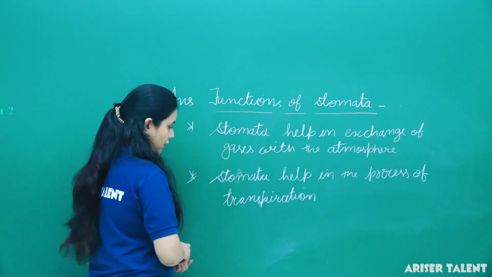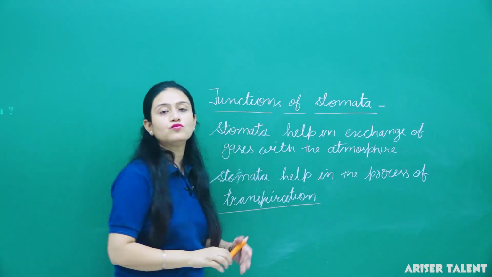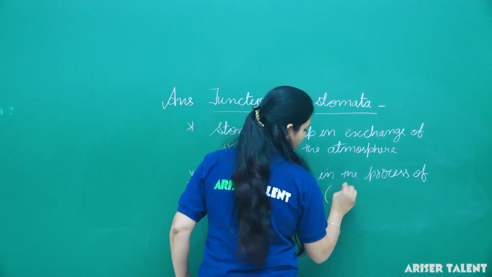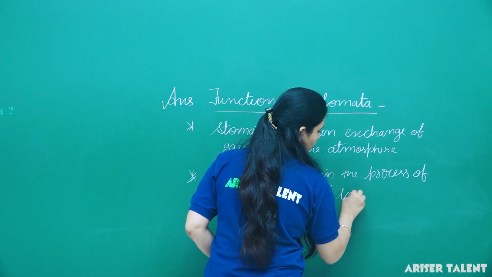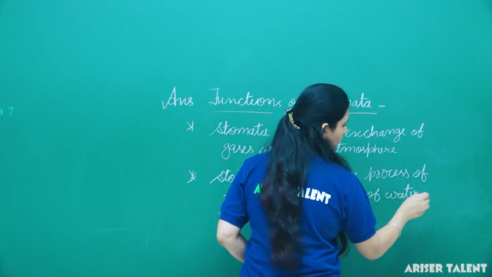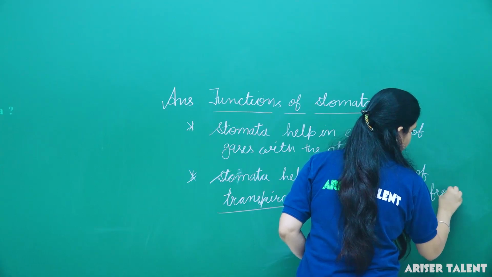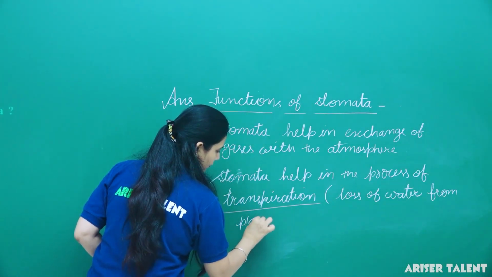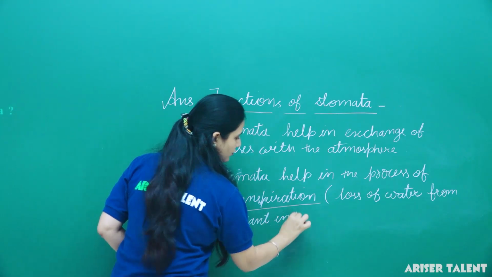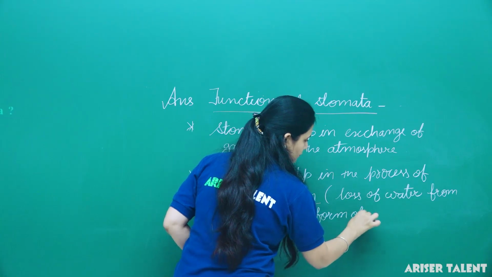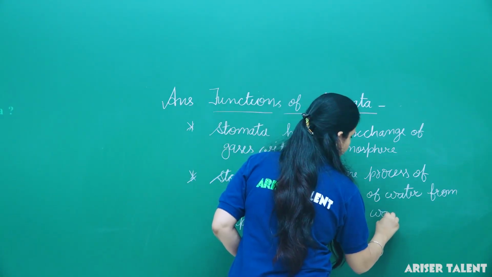And what is transpiration? Transpiration means loss of water from the plant in the form of water vapor. So I am going to mention it, loss of water from plant in the form of water vapor.